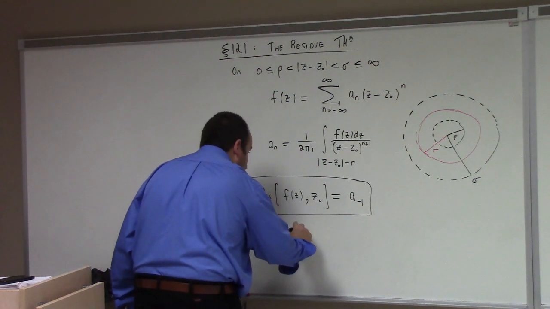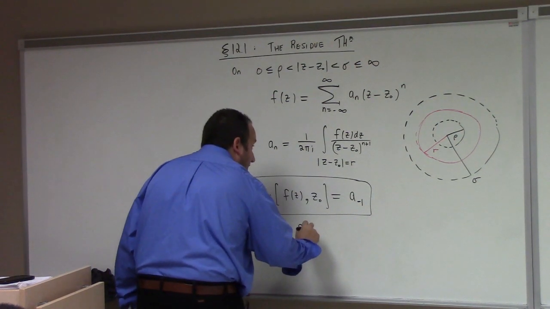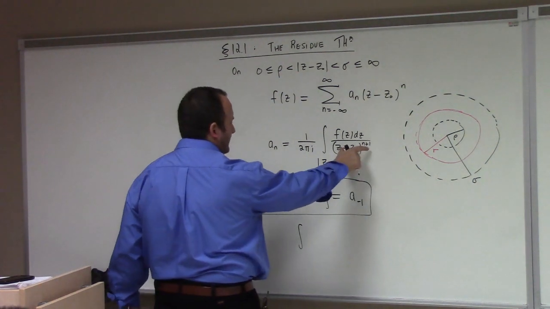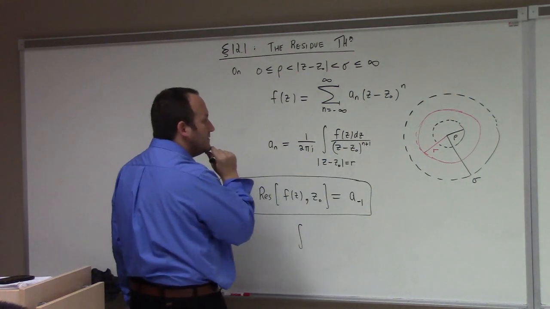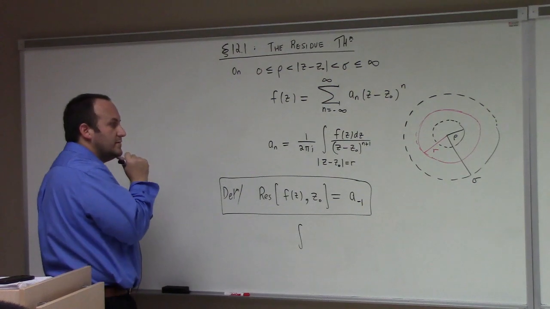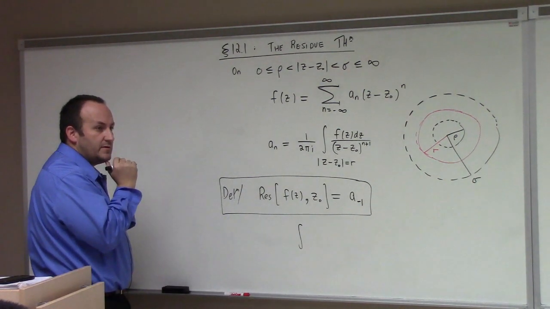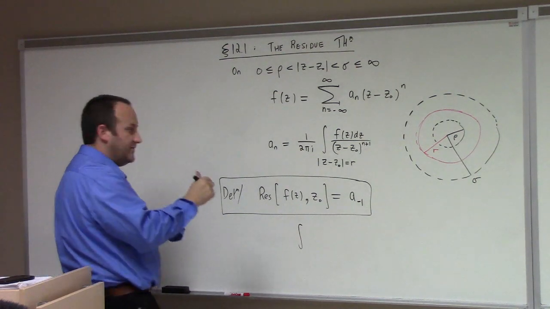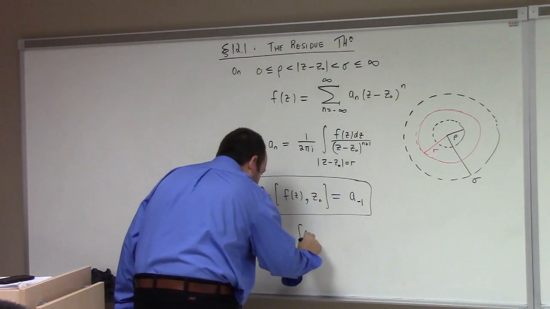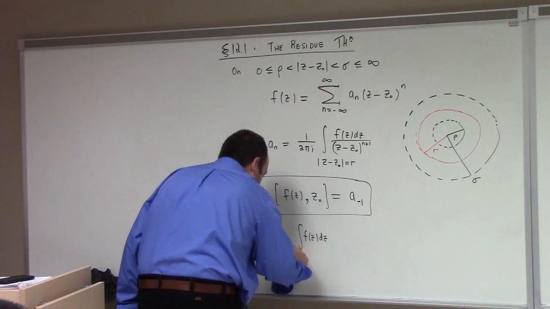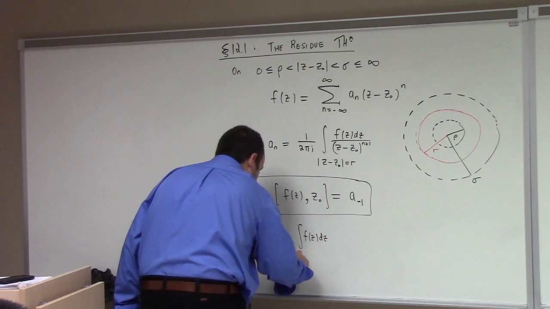So notice, what happens when we put in n equals minus 1 here? We get z minus z naught to the what? 0, right? So that's just the integral of f of z dz over this circle.